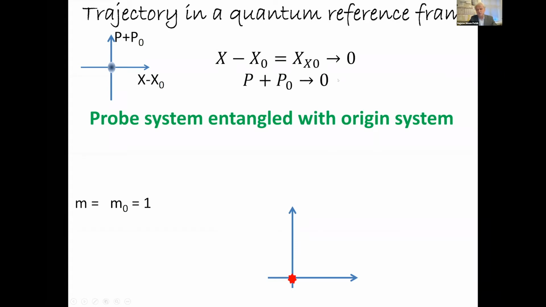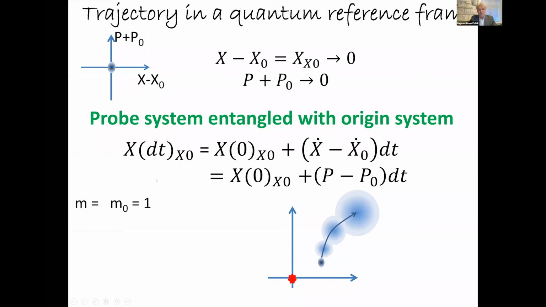Let me put it to 0. Now I'm writing the position of my system as a function of time with respect to my reference frame. Obviously, it's the initial relative position plus the difference between the two derivatives times time. This derivative is equal to p if I take my masses to be 1, and this one to p naught.